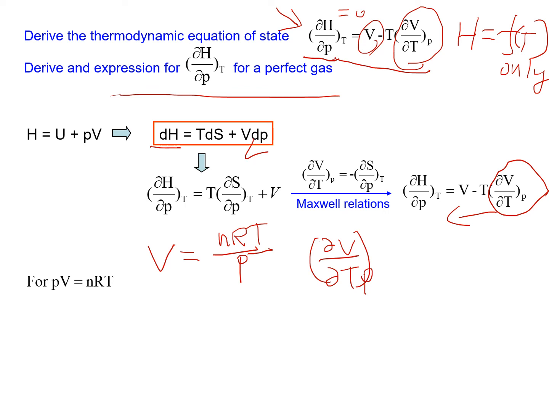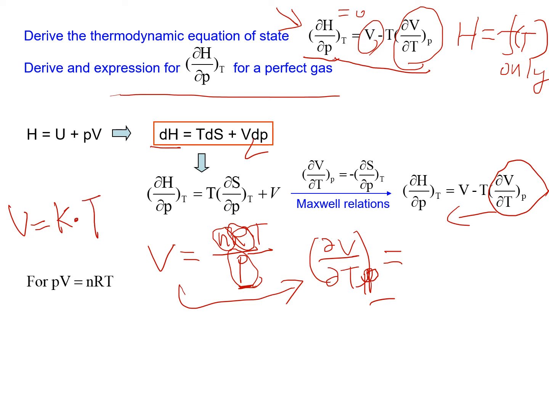The left side should equal the right side, also differentiated over temperature under constant pressure. Under constant pressure, nR over P is a constant, so you can write it as a constant times temperature.